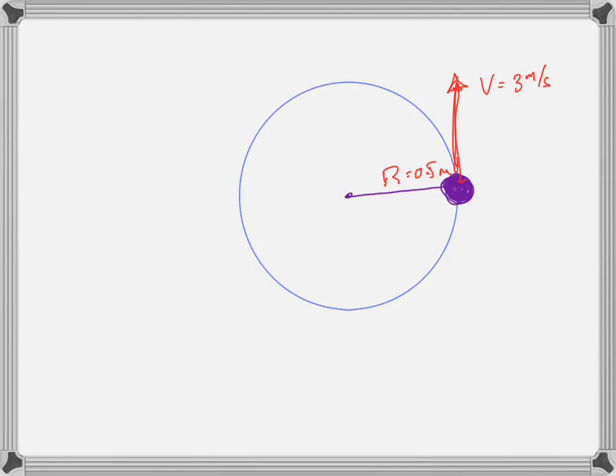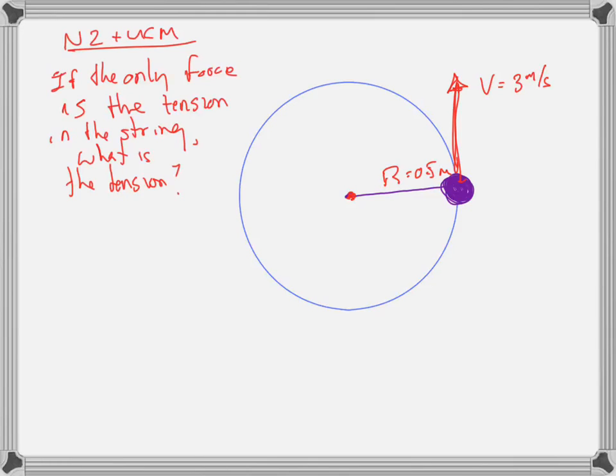So, for instance, the ball could be sitting on a desktop, and we could pin down the string, and we could just start rotating the ball around that pinned down string. And there would be a normal force perpendicular and a gravitational force perpendicular, but those would not participate in the rotational motion. But in any case, we're just going to pretend that there are no other forces other than the tension in the string.